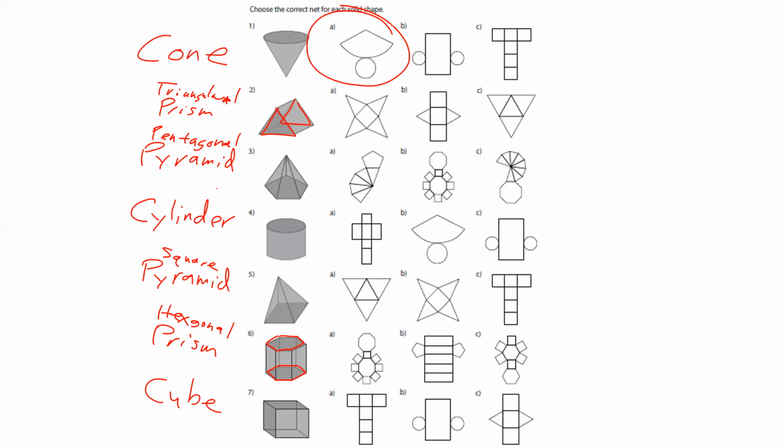Make sure you're looking for the shapes that are in the original figure. So all the shapes that make up the sides are the shapes that you should see in your net. So take a minute. We're going to go through those quickly. I do have all of them here, so you can identify certain ones.